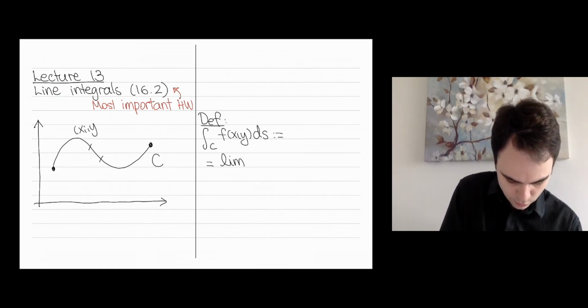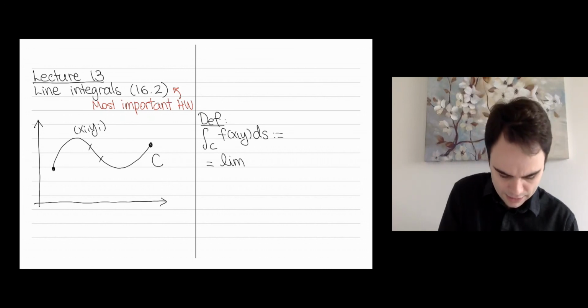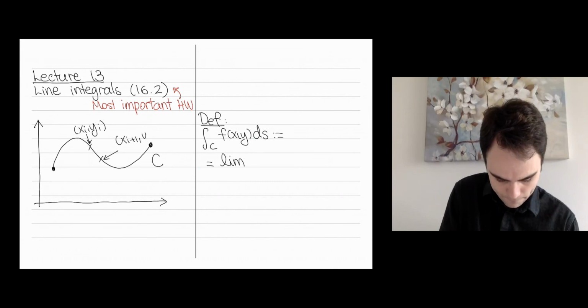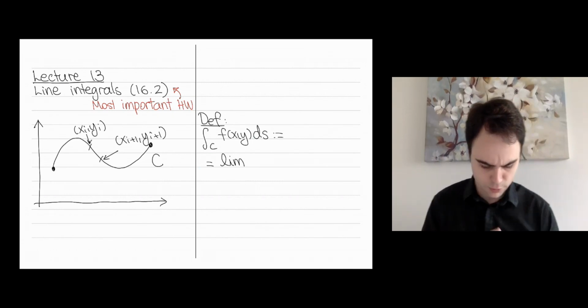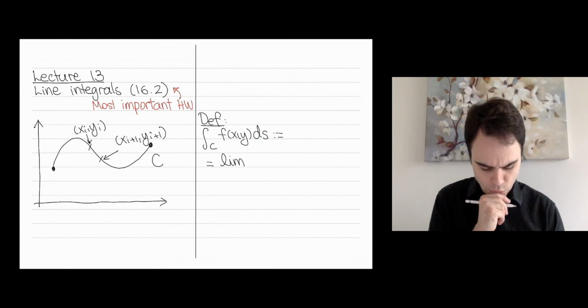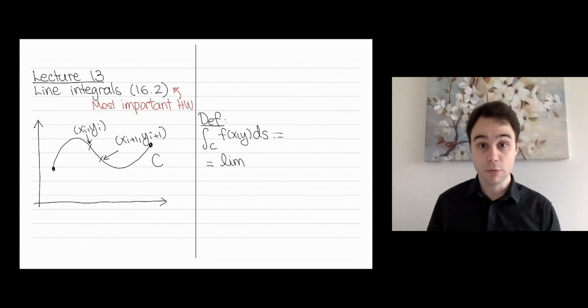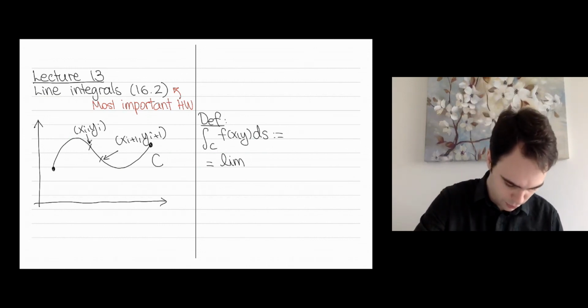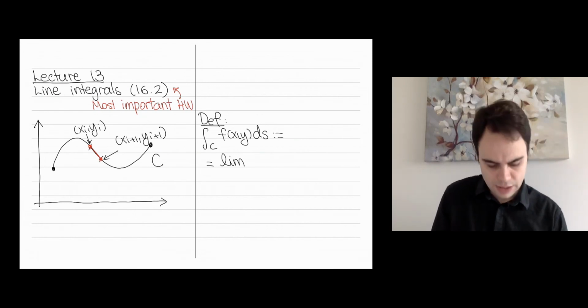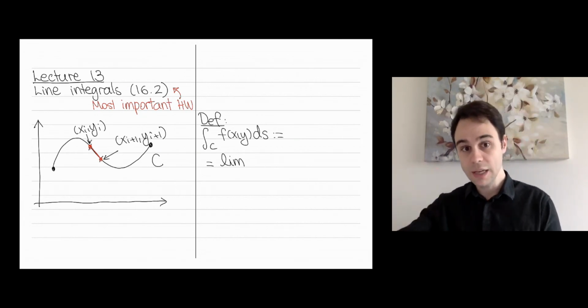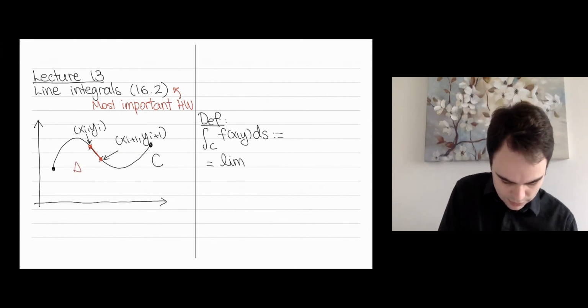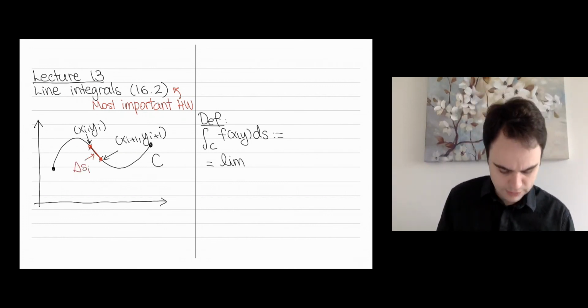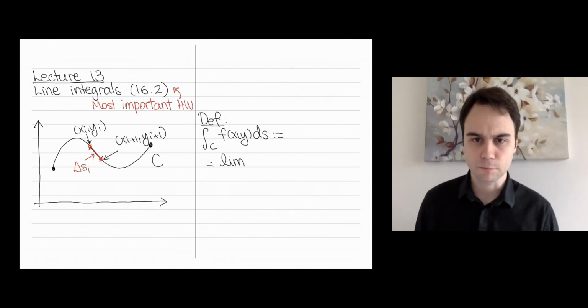Here's the ith point with coordinates xi, yi, and here is the (i+1)th point with coordinates xi+1, yi+1. The definition of the integral is going to involve the distance between these two consecutive points, which I'm going to call delta Si. So delta Si is this distance over here.